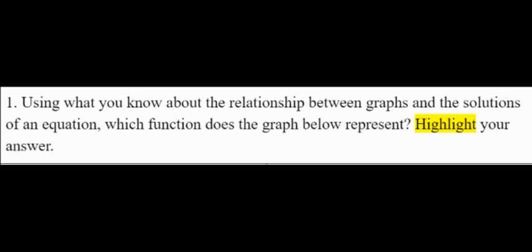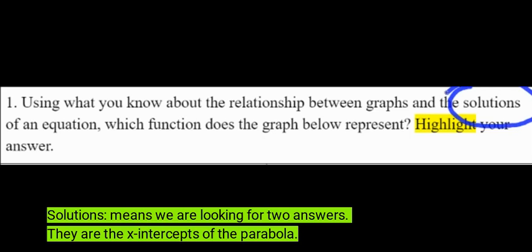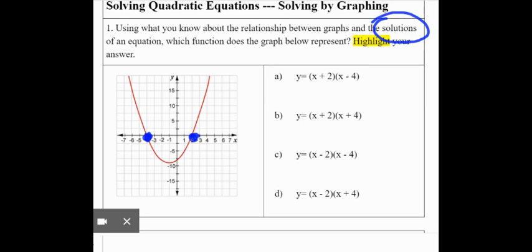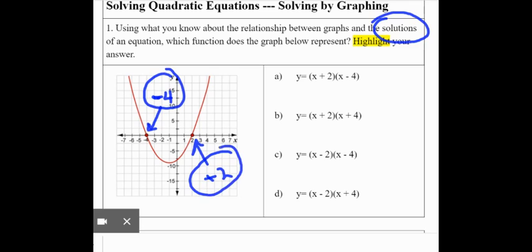So when we talk about solutions, we are referring to these 2 points, the x-intercepts, the zeros, okay? So what are they? If you look closely, you'll see that here we have -4, and here we have +2. So our solutions are -4 and +2.